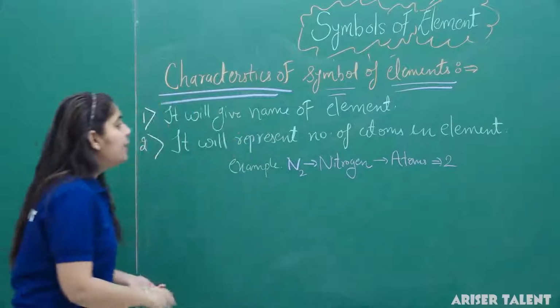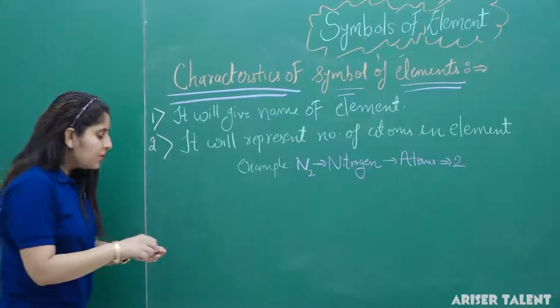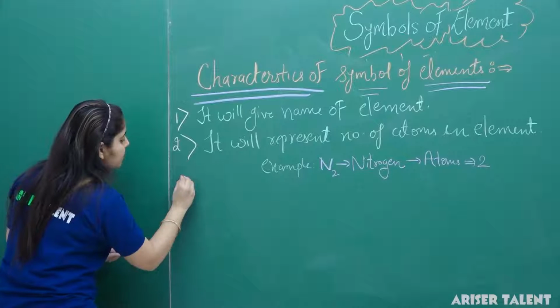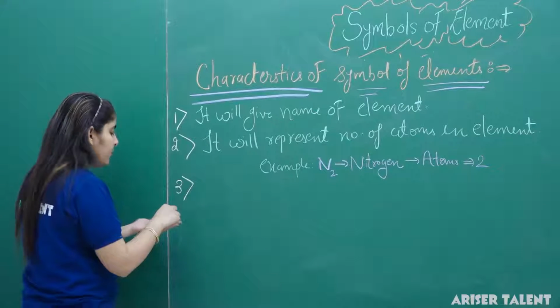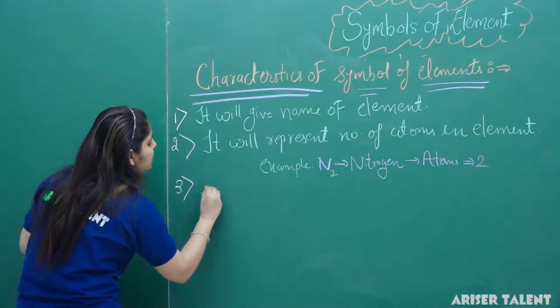The third characteristic of the symbol of the element is that the symbol of an element represents 1 mole of a substance.